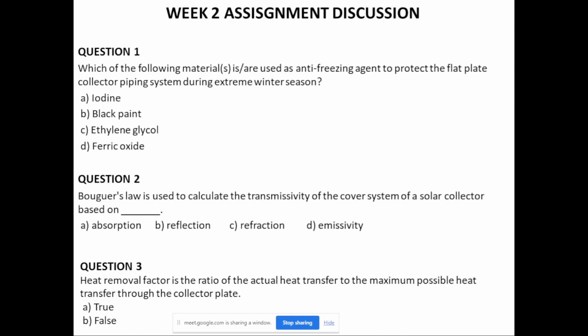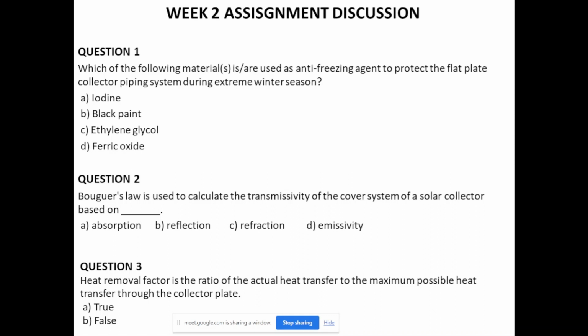If you see, black paint and ferric oxide are not used as an anti-freezing agent. They are primarily applied on the absorber plate. Black paint as well as ferric oxide are used as selective surfaces to concentrate the solar radiation that you get.